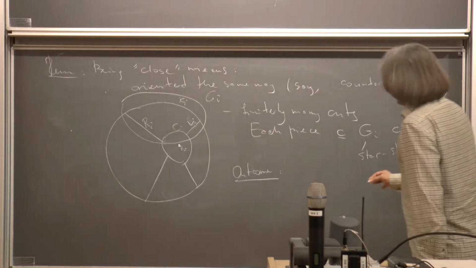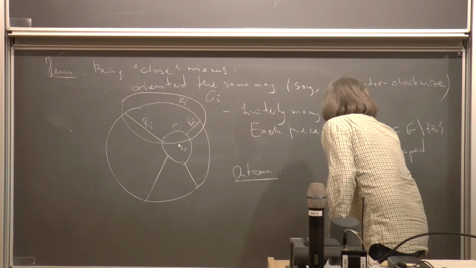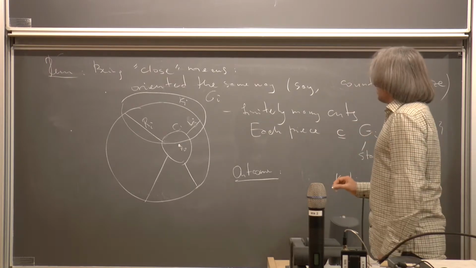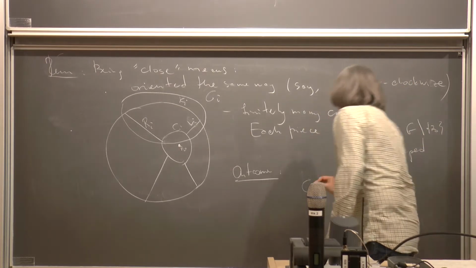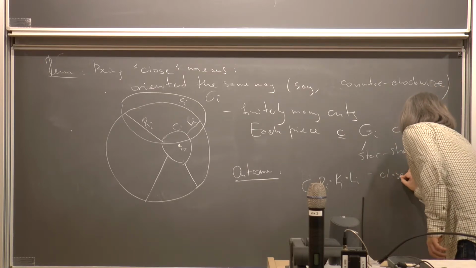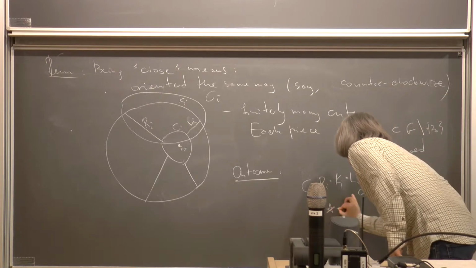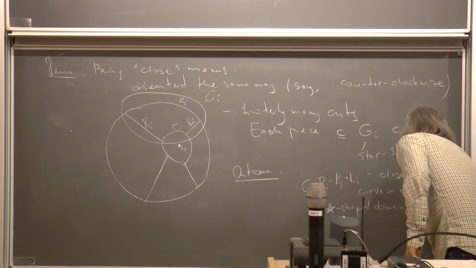So the outcome is that this curve, where you start with Li, then you compose it with Ki, then with Ri, and then with Ci, in the sense of composition of paths, which is actually in the handwritten notes I sent you, is a closed curve in a star-shaped domain Gi.